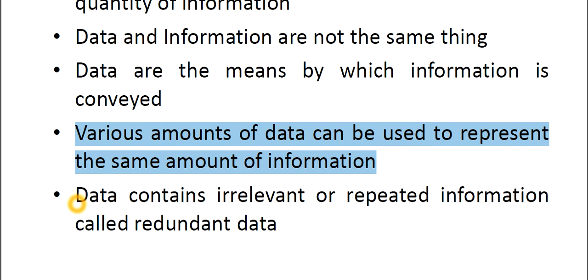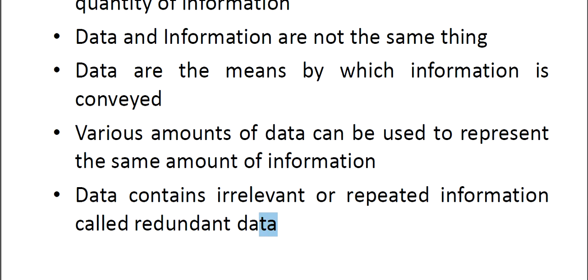Now data may contain some irrelevant information or some repeated information, and that is known as redundant data. If irrelevant or repeated information is there in the data, then we'll call that data redundant data.